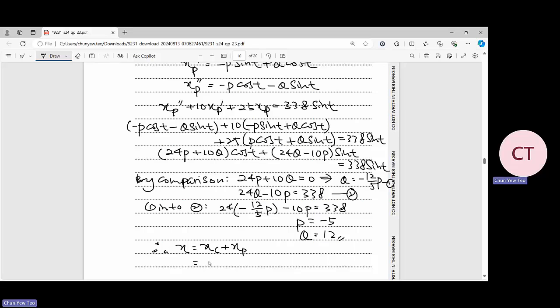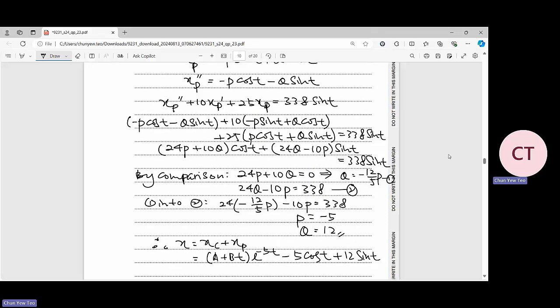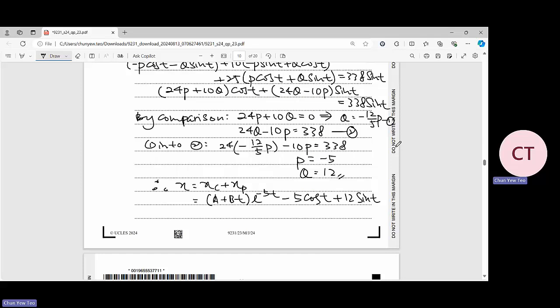Then you can get x as (A plus Bt)e^(-5t) minus 5 cos t plus 12 sin t. So this will be the answer for question number 5A. Okay, just like that, done.